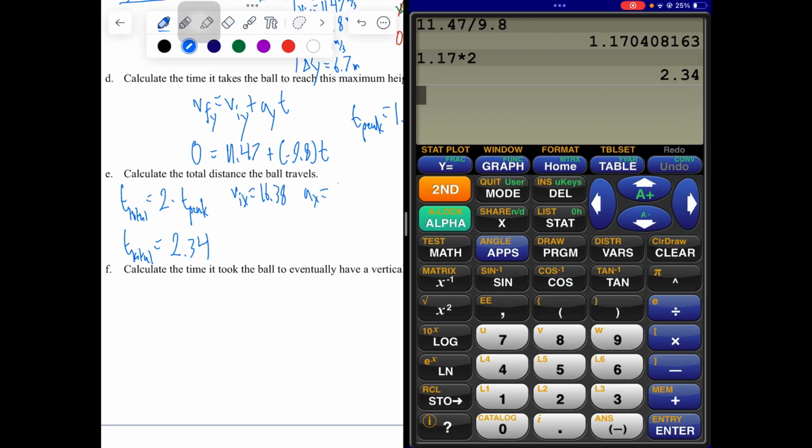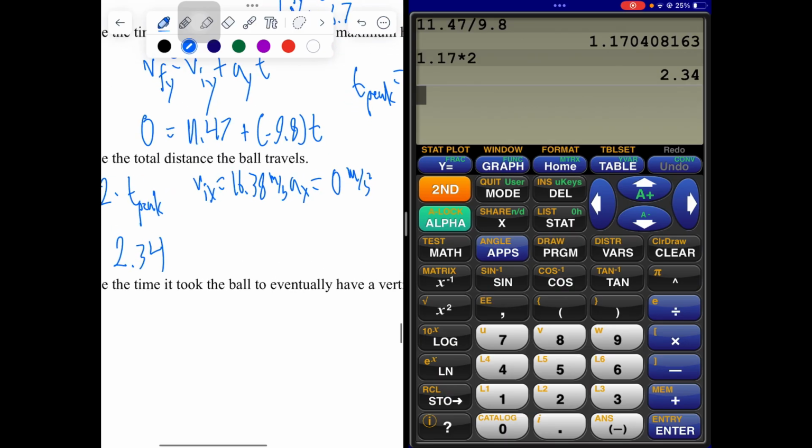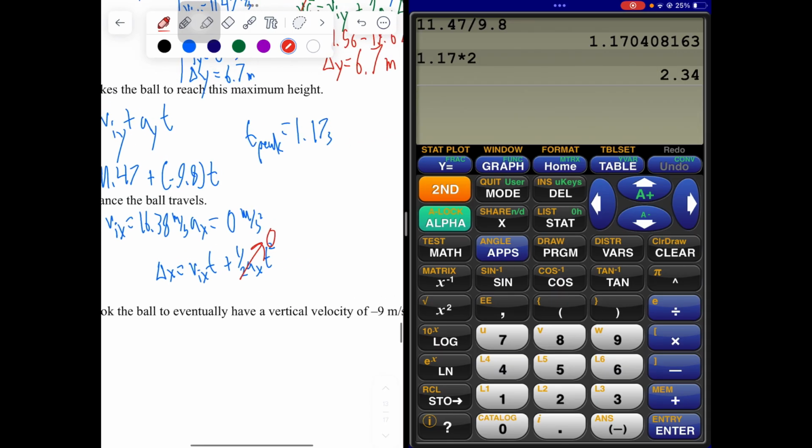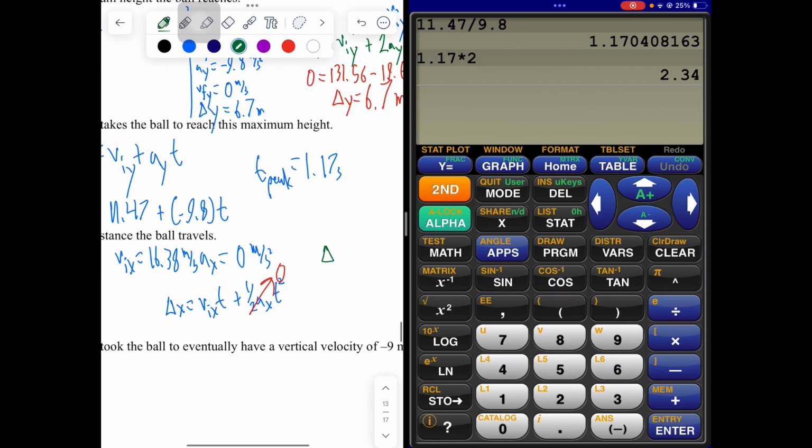Acceleration in the x is 0. What this lets us do is we can use delta x is initial velocity in the x times t plus 1/2 acceleration in the x t squared. The acceleration in the x is 0. This whole term drops out. We end up with just delta x equals initial velocity in the x times t. Delta x is what we're solving for.